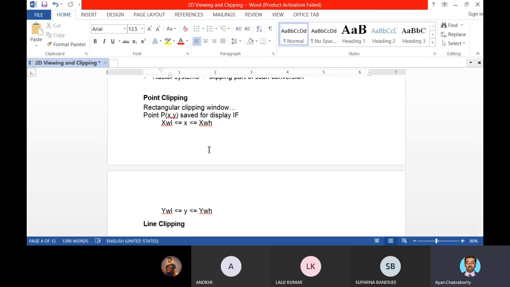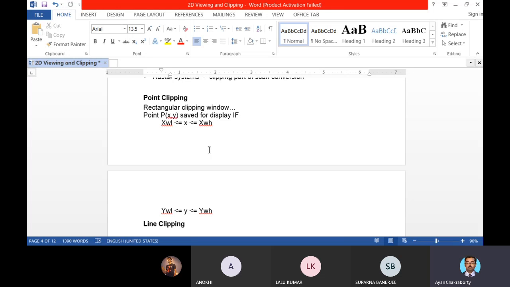My question is that I have given you a point P with a coordinate xy, and our specified region is xwl, xwh, just like our previous class. You can recall our previous class. Xwl is the lower x coordinate for window, xwh is the higher x coordinate for window, YWL is the lower y coordinate for window, and YWH is the higher y coordinate for window.